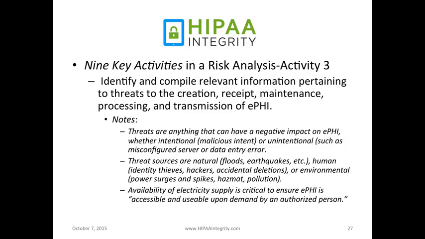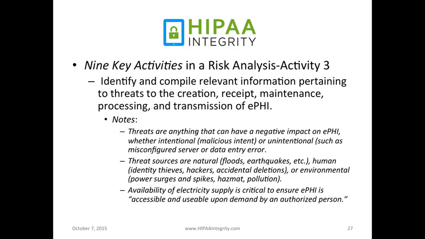In activity 3, you're going to want to identify and compile relevant information pertaining to threats to the creation, receipt, maintenance, processing, and transmission of EPHI. Threats are anything that can have a negative impact on EPHI, whether intentional, being malicious intent, or unintentional, such as a misconfigured server or data entry error.